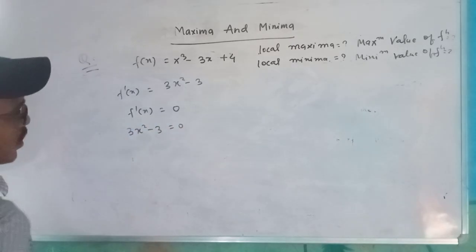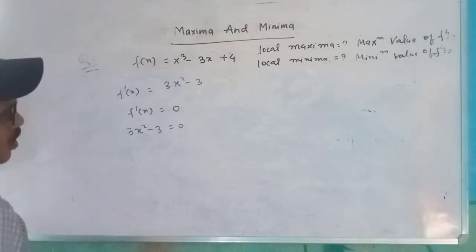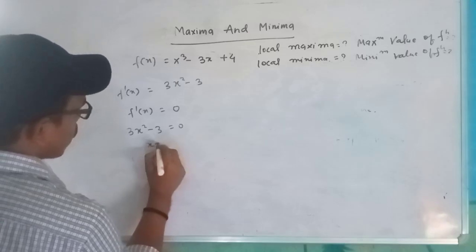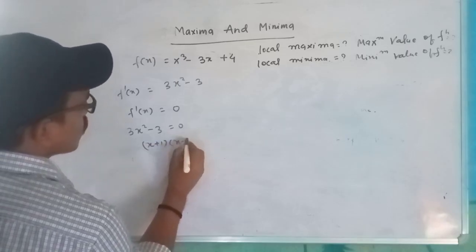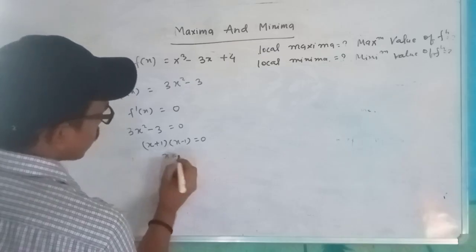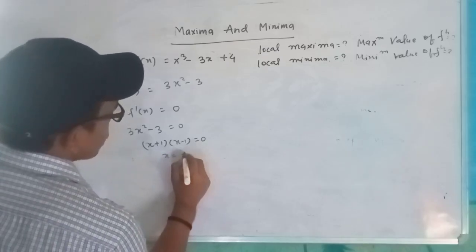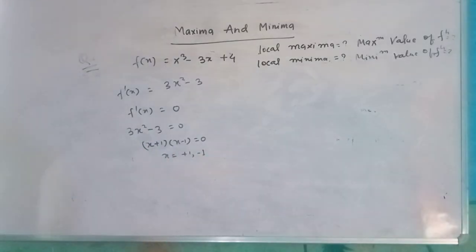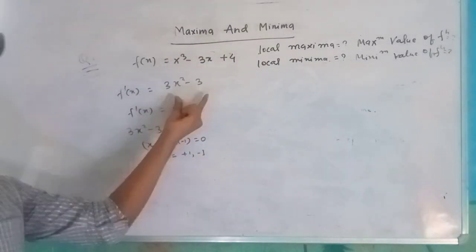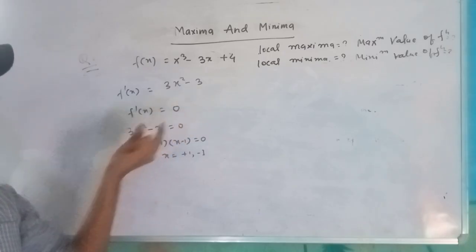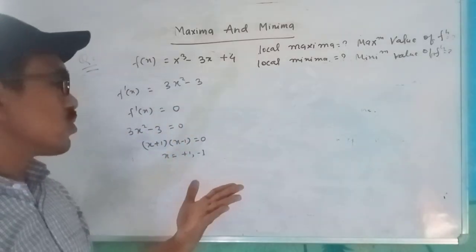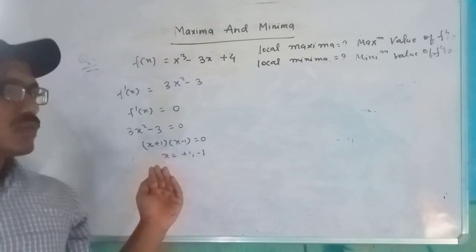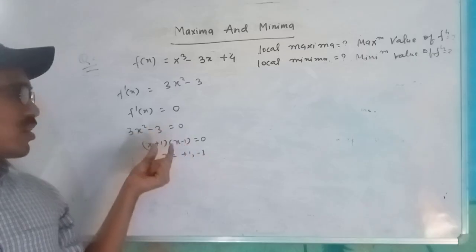So we will have plus 1 or minus 1, and we will get x is equal to plus 1, minus 1. This is particularly the slope of the curve, and we are equating it to 0. So remember, when it is a critical point, the slope of the graph is 0, right?